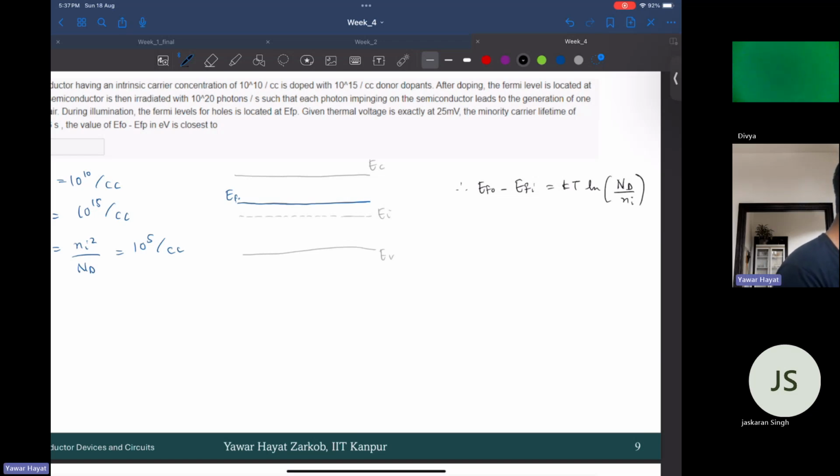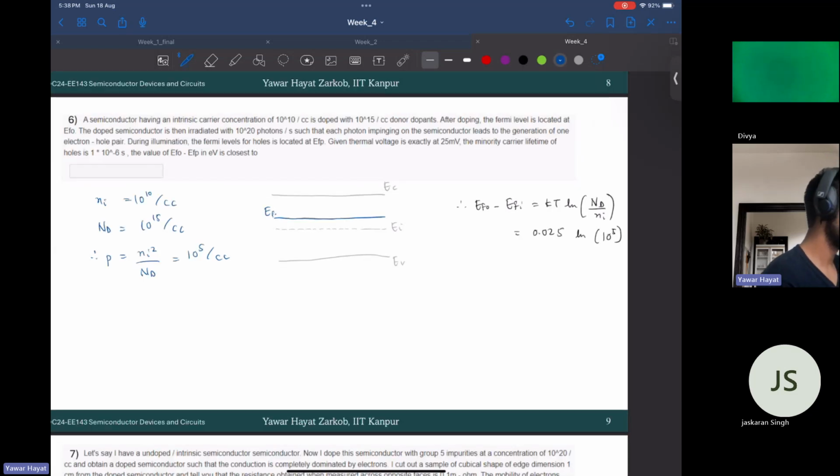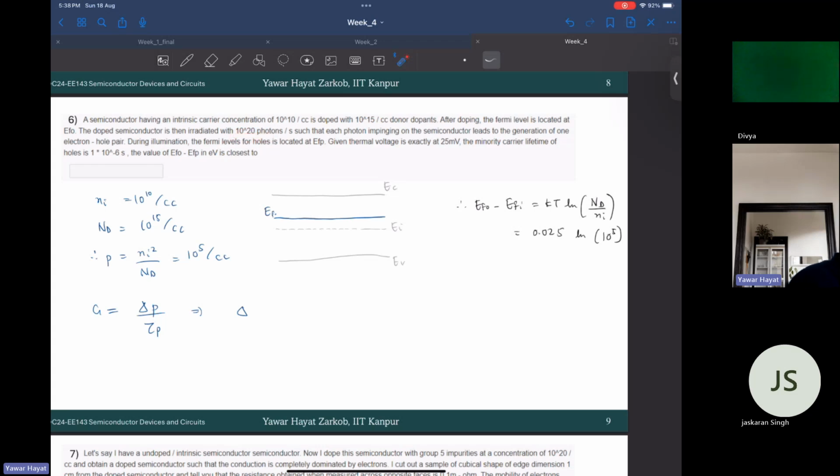Similarly, the generation rate G is given by delta P by tau P. See here, G is equal to delta P by tau P. Okay, it's irradiated with 10 to the power 20 photons, so we can take G as 10 to the power 20.